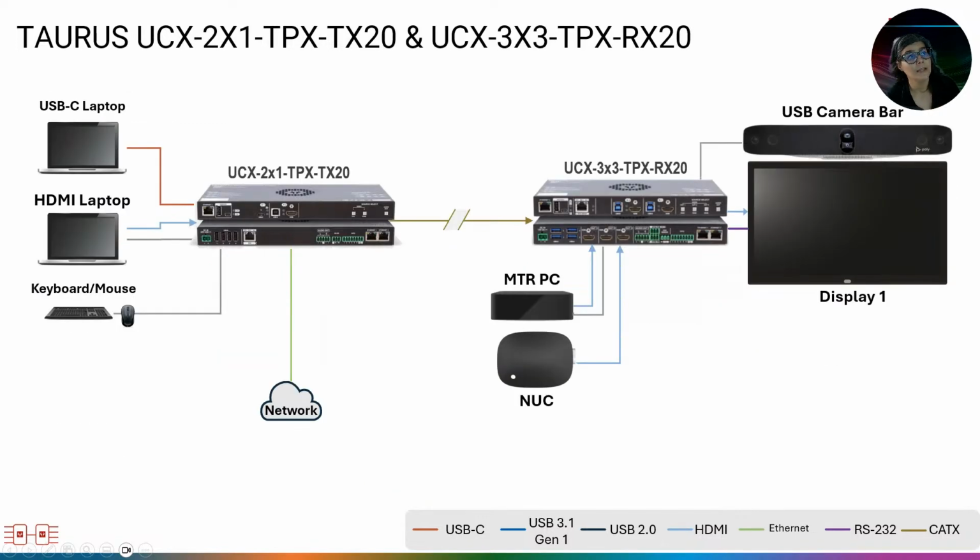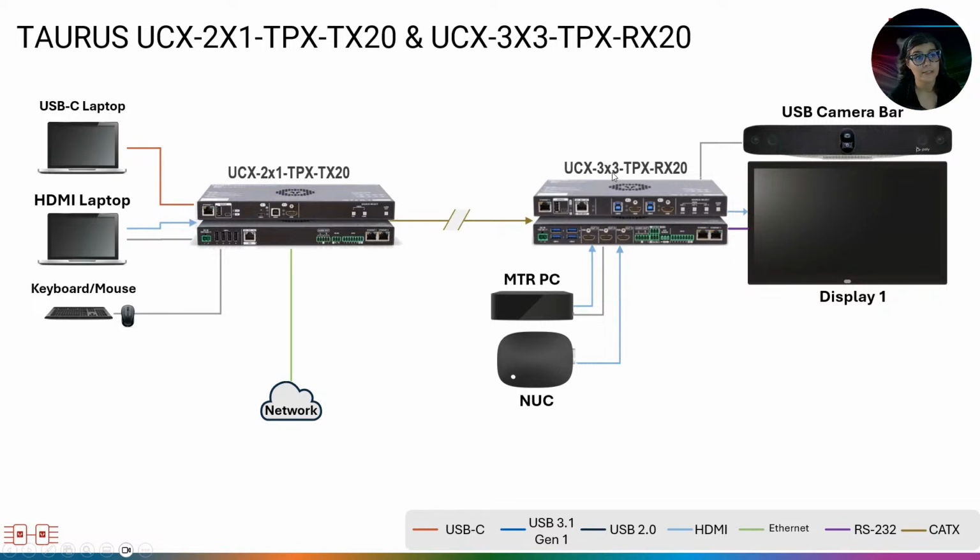So let's see what that might look like if we mix and match our 2x1 with our 3x3 receiver. So with our 2x1 TPX here, we've got a USB-C laptop plugged in there, and then another laptop through the HDMI USB-B, and then of course our keyboard and our mouse plugged in there at the table.